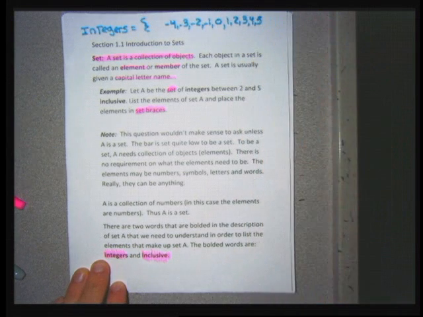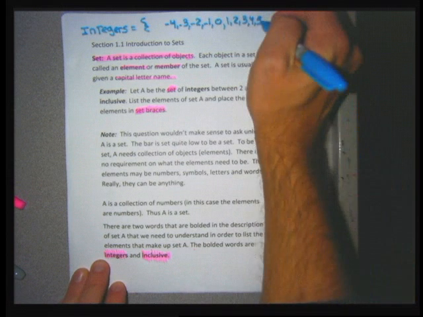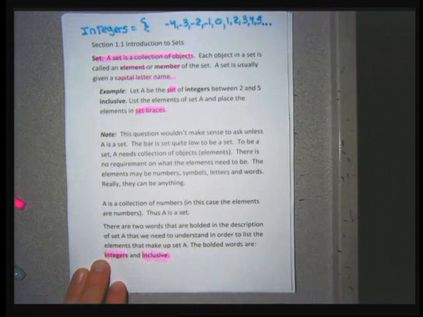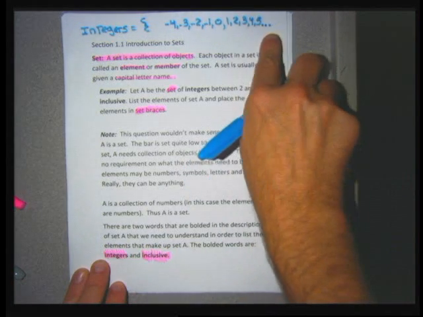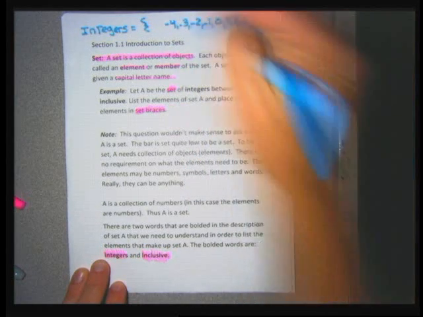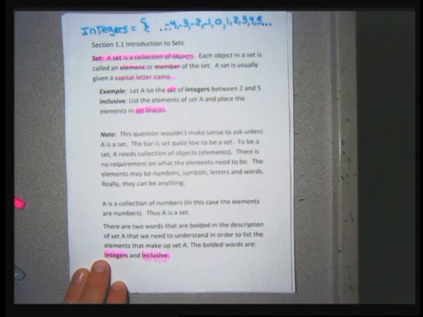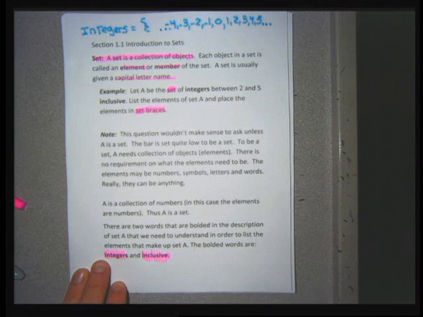Those are all considered integers. It's impossible for me to write all the integers because there's infinitely many of them. So on either side of my list, I'm going to put a ... meaning that pattern continues, so going up by 1 to the right, and a backwards ... meaning that pattern continues to the left. So those are what integers are.